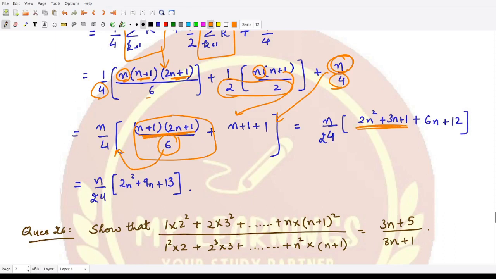You can open this up. It would be 2n square plus 3n plus 1. Here it would be 6 into this expression. So here it would be 6n plus 6 into 2, which is 12, so 6n plus 12. Now you can further simplify this. It would be 2n square. The terms containing n would be 3n plus 6n, which is 9n, and then 1 plus 12, which is 13. So this is your answer, correct?